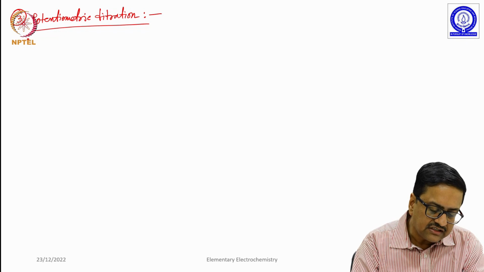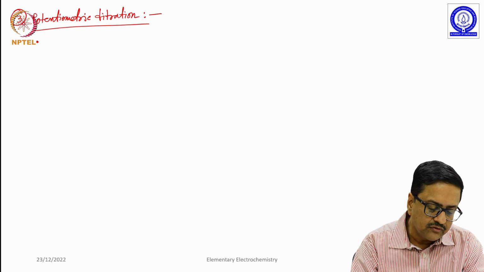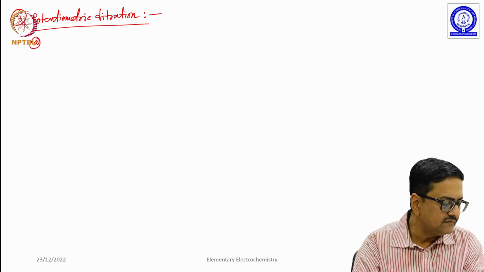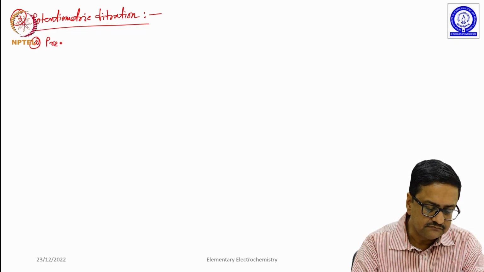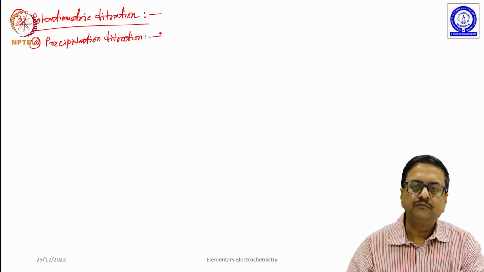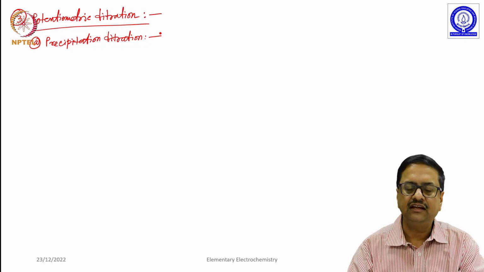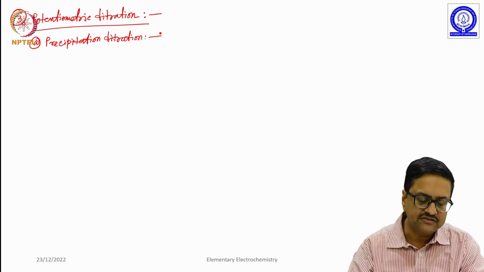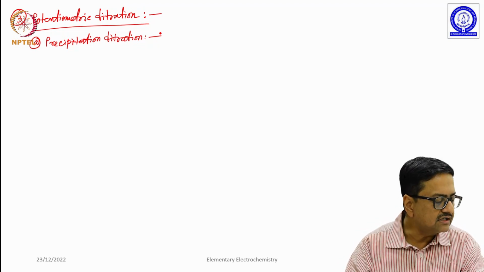So, in potentiometric titration there are few different titrations. We will discuss them one by one. Let us first talk about a precipitation titration. So, from the name itself you can identify that this titration involves precipitation of some of the ions used during the titration.